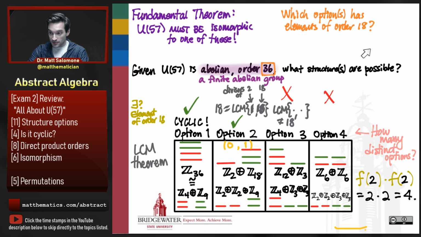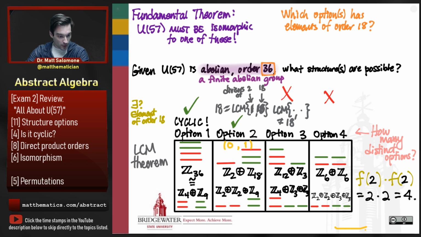And since we directly computed that the group U57 had an element of order 18, we can go through and rule out option 3 and option 4, because these finite abelian groups do not have elements of order 18 in them. Option 1 and option 2, on the other hand, do have elements of order 18. So we're getting warmer.